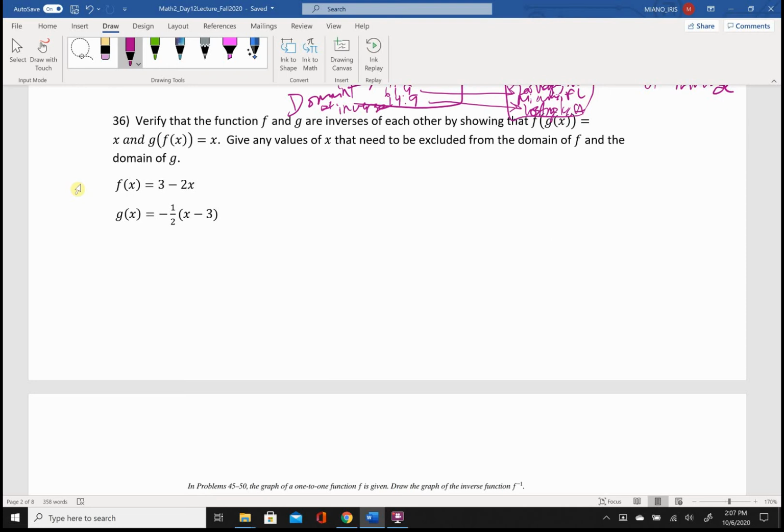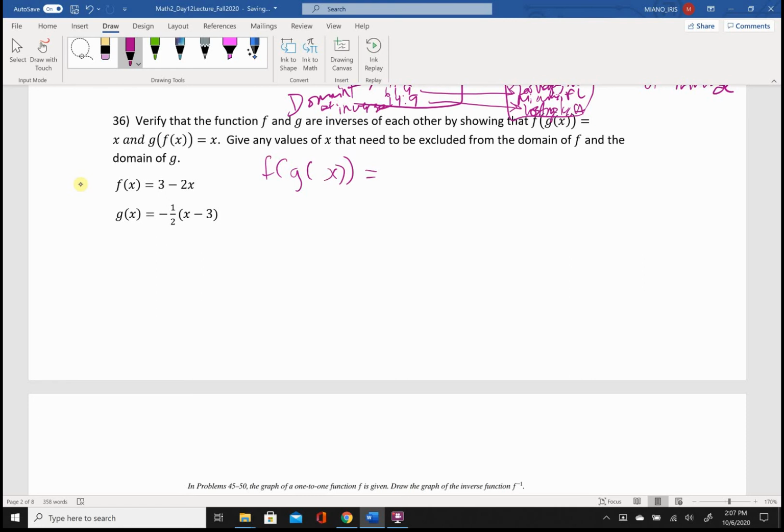Let's go ahead and take these function compositions happening right here. So I kind of wrote on top of it here, so try and disregard that. We want to verify that the function f and g are inverses by showing that f of g of x is eventually going to equal x. But let's go ahead and do this function composition. We'll do the same for f of x inside of g of x as well.